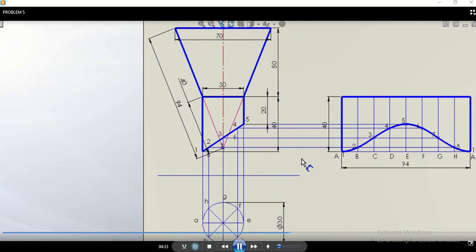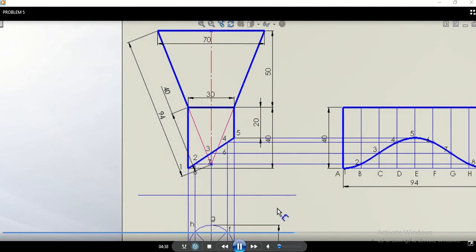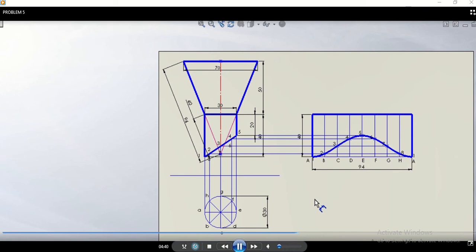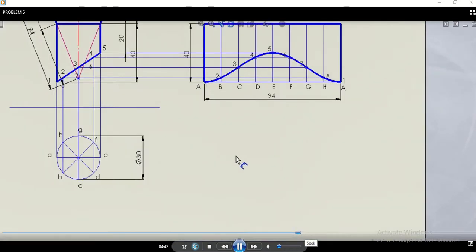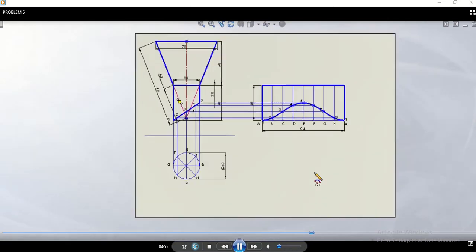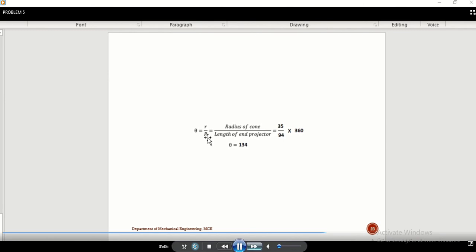Here you can see the total height is 94 and this part is 40 from here, that is for cutting an arc. Here you also need to measure theta, which is given by small r by capital R into 360.